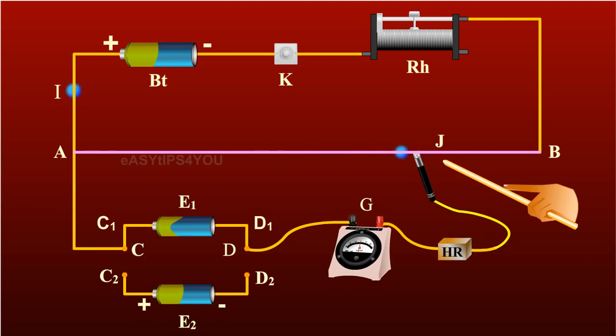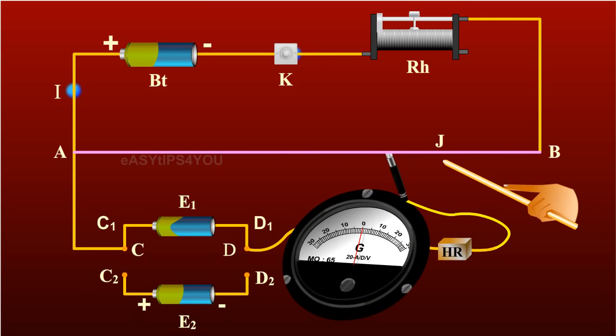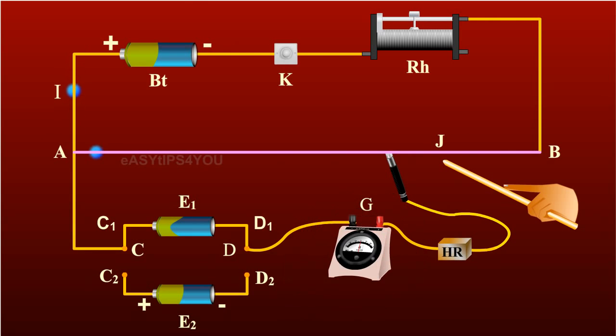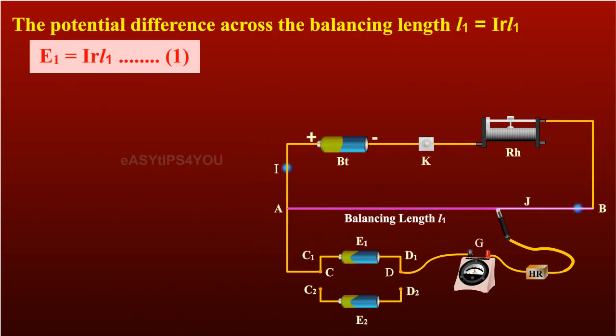The jockey is moved on the wire and adjusted for zero deflection in the galvanometer. The balancing length is L1. The potential difference across the balancing length L1 is equal to IRL1. Then, by the principle of potentiometer, E1 is equal to IRL1.